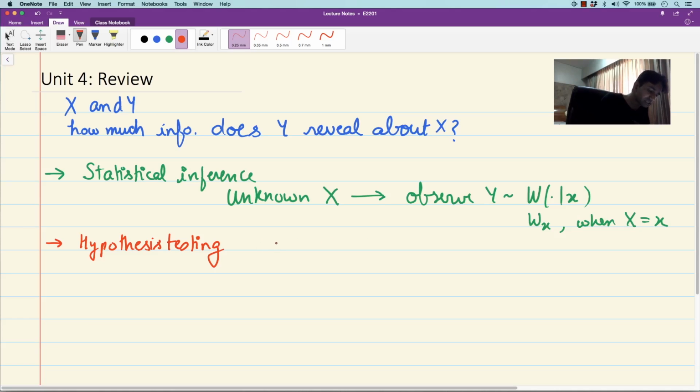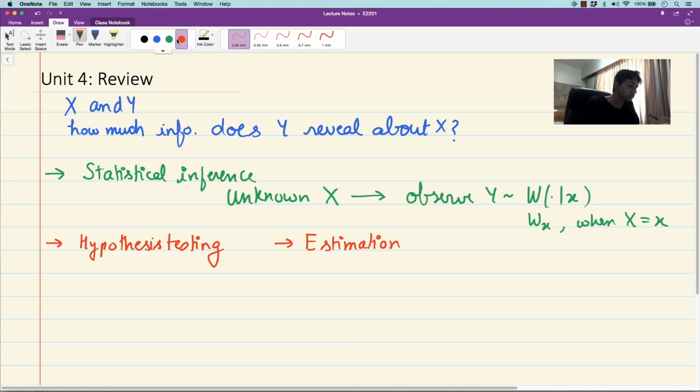The other formulation is estimation, where X can take possibly infinitely many values, and you observe Y and you want to estimate X. For estimation, you first have to agree on a loss function, and a typical one, which we discussed last time, was expected mean square error. In hypothesis testing, the criterion for goodness of a decision rule, or a test, is the probability of error.